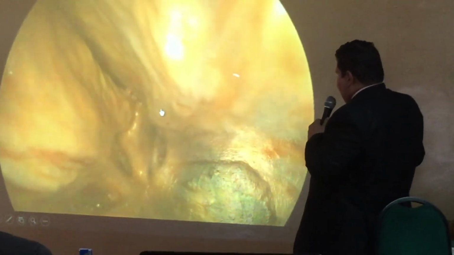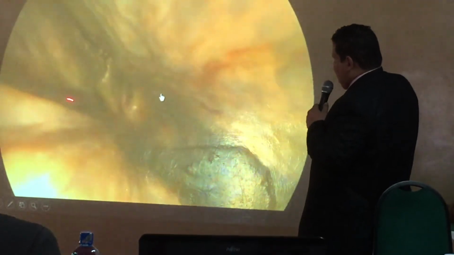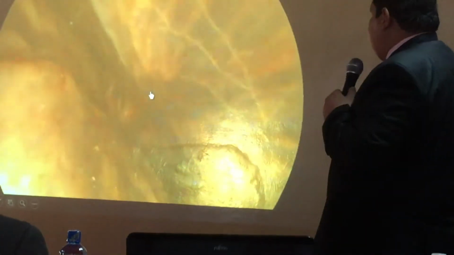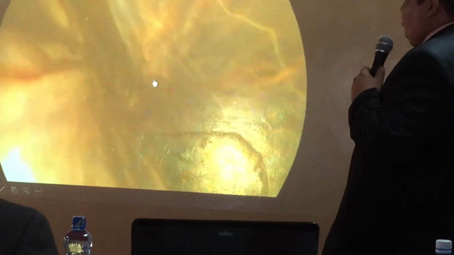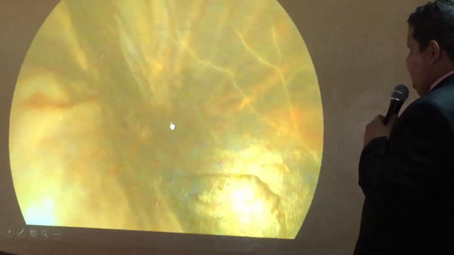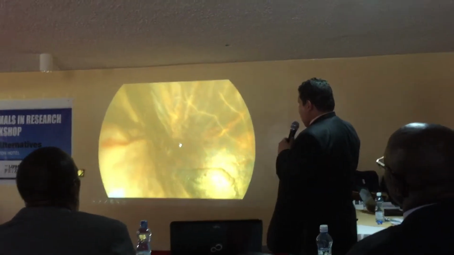This is the nasal septum, the dorsal conchae, and the nasomaxillary ostia. There is no difference between the live animal and the specimen, except for the blood vessels.